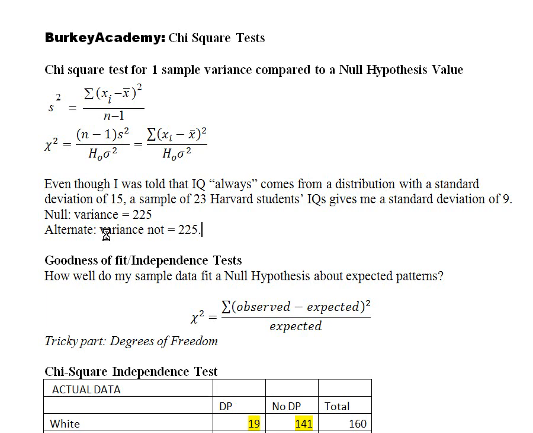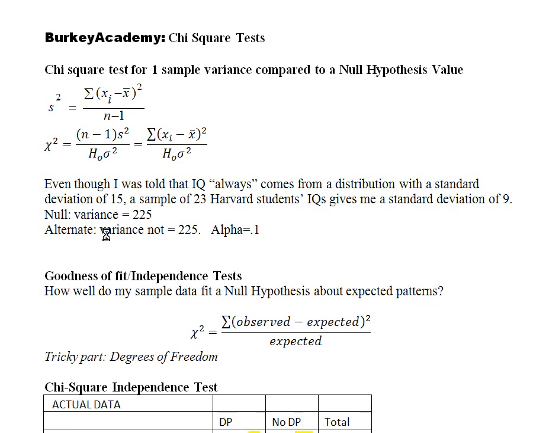Well, let's suppose we want to use an alpha of 0.1 just for fun. So alpha equals 0.1. This is a two-tailed test because we have equal and not equal in the alternate hypothesis. And so with an alpha of 0.1, we're going to divide that alpha into two tails, right?